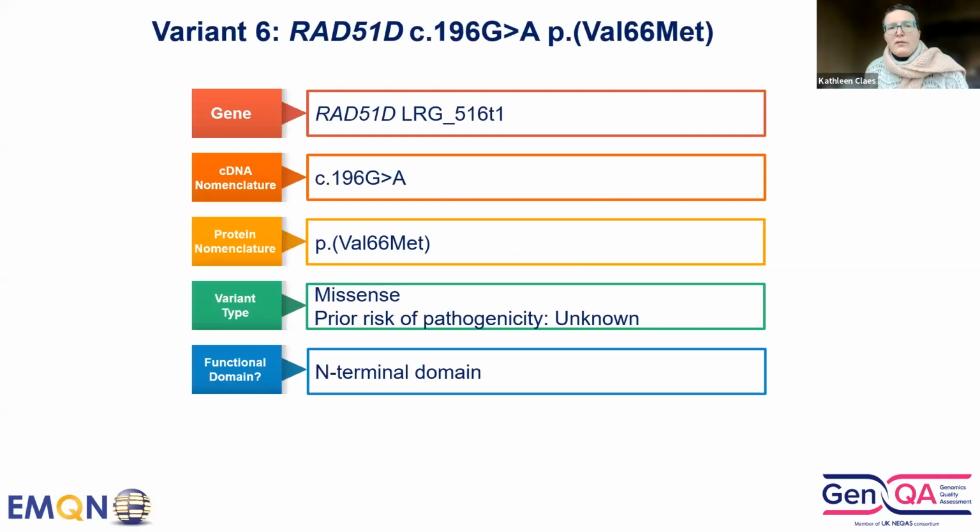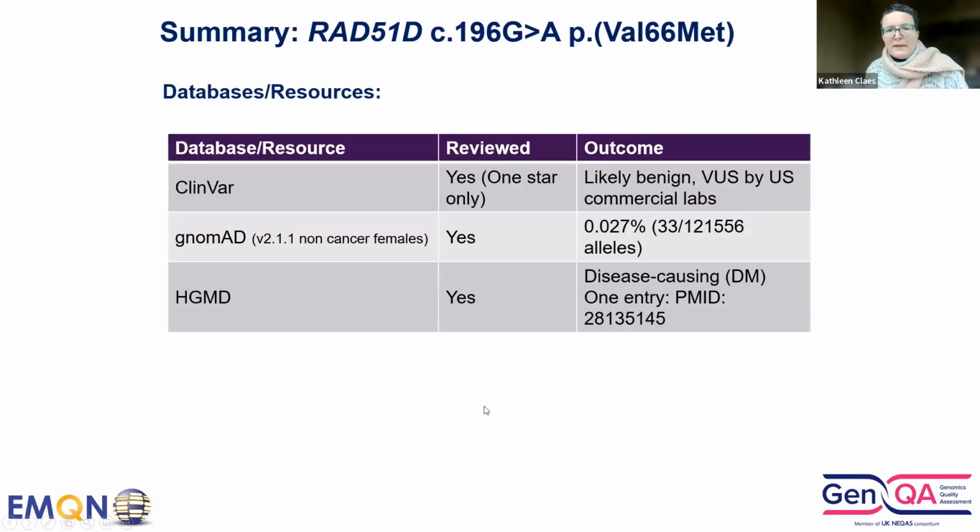Then for variant 6, it's a missense variant in RAD51D, whereby at the amino acid position 66, a valine was replaced by a methionine, and it's in the amino terminal domain. It has been submitted to ClinVar, where it got 1 star because there was some variation.